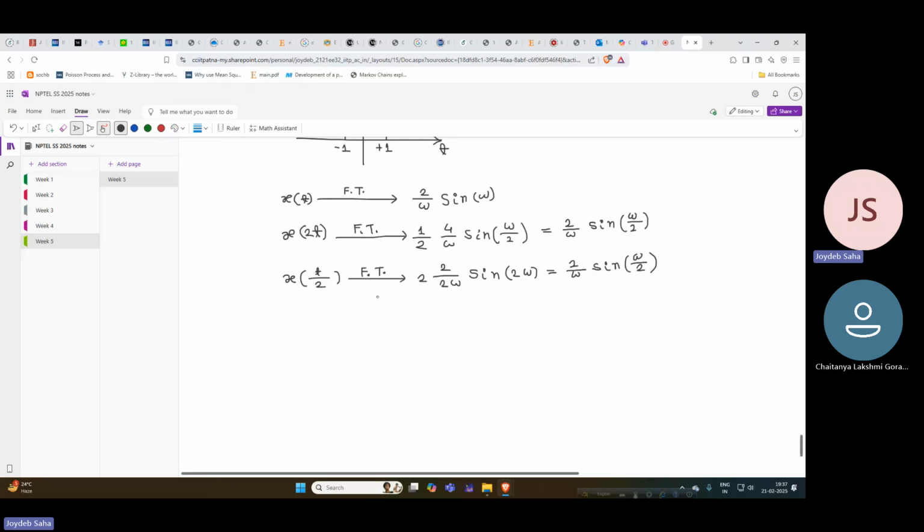So the Fourier transform of y(t), by the convolution property, will be the multiplication of these two.